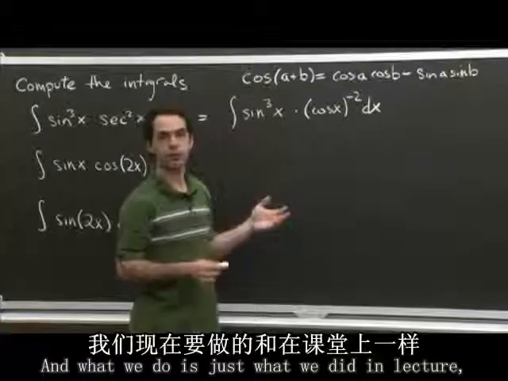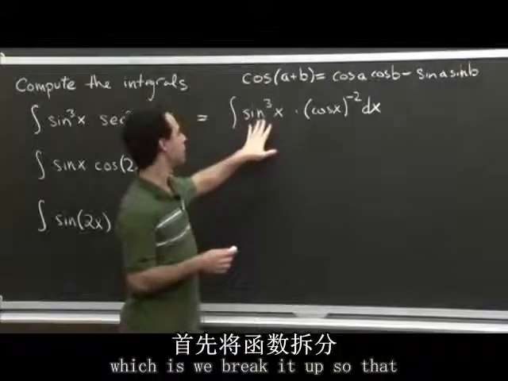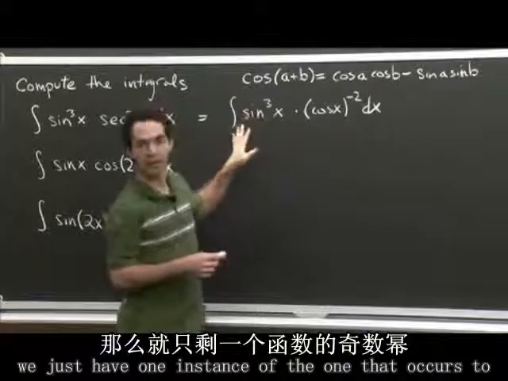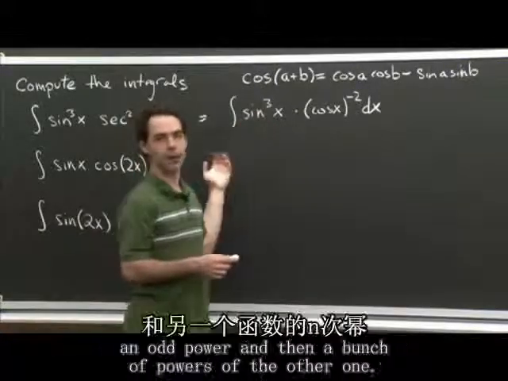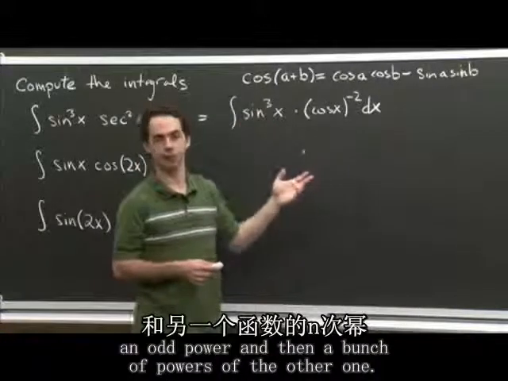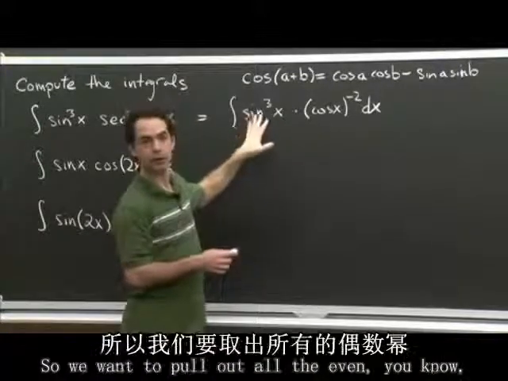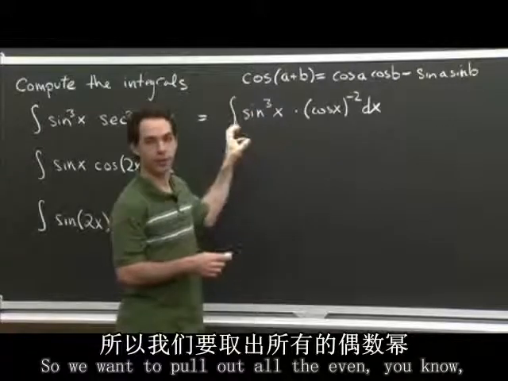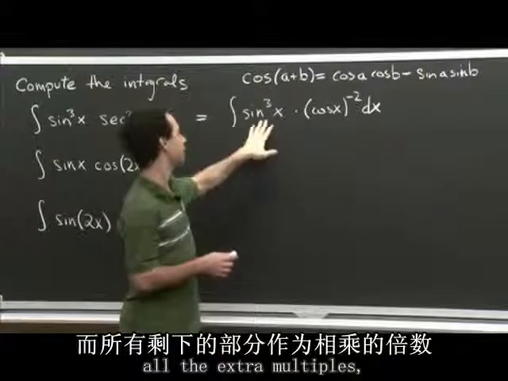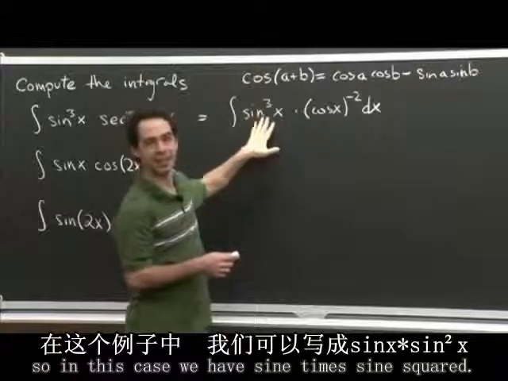And what we do is just what we did in lecture, which is we break it up so that we just have one instance of the one that occurs to an odd power, and then a bunch of powers of the other one. So in this case, we have sine to an odd power, so we want to pull out all the extra multiples. So we have sine times sine squared.